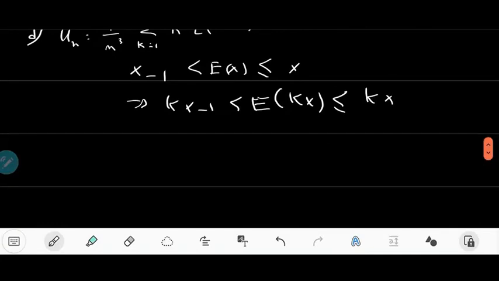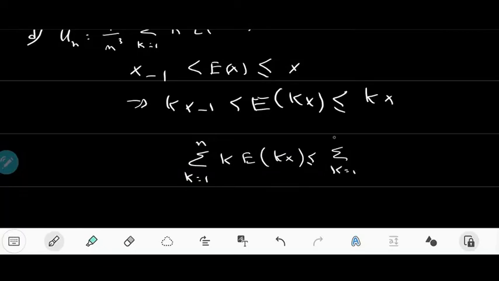It means that the sum of k e of kx, k going from 1 to n, is between the sum for k going from 1 to n of k times kx on one side, and from the other side the sum for k going from 1 to n of k times (kx minus 1).